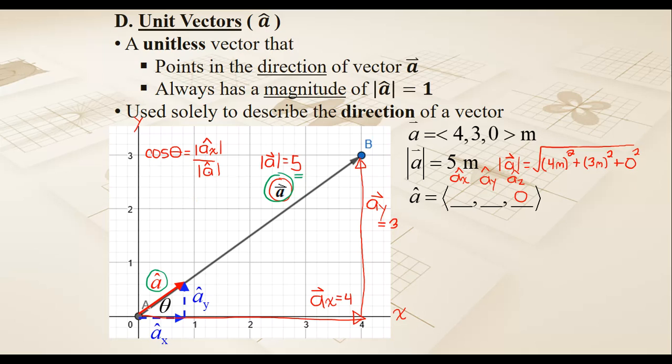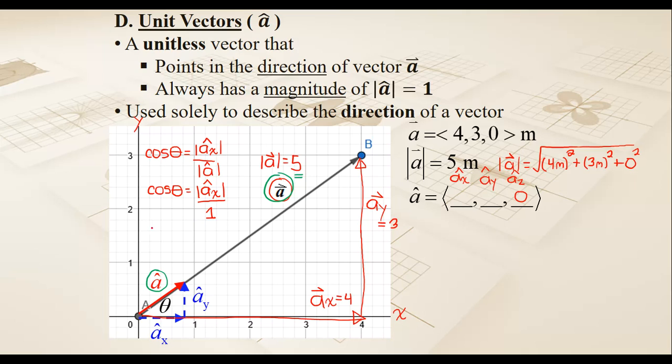Okay, now, if we just take it a step further, we go cosine of theta is equal to the magnitude of the x component of the unit vector, Ax, divided by the magnitude of any unit vector, which is just equal to 1.